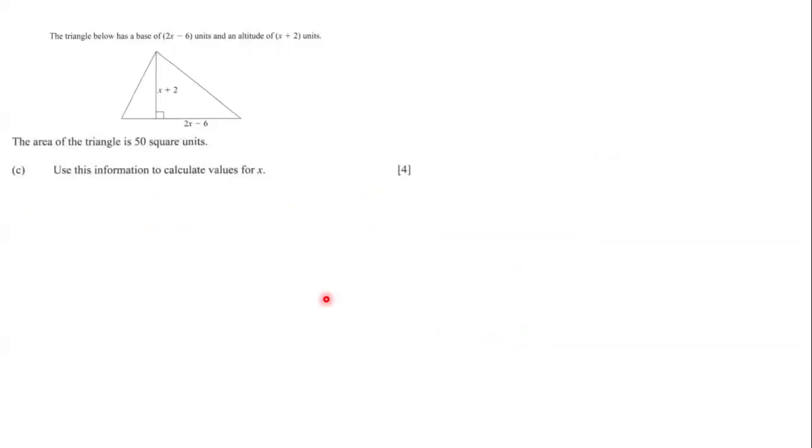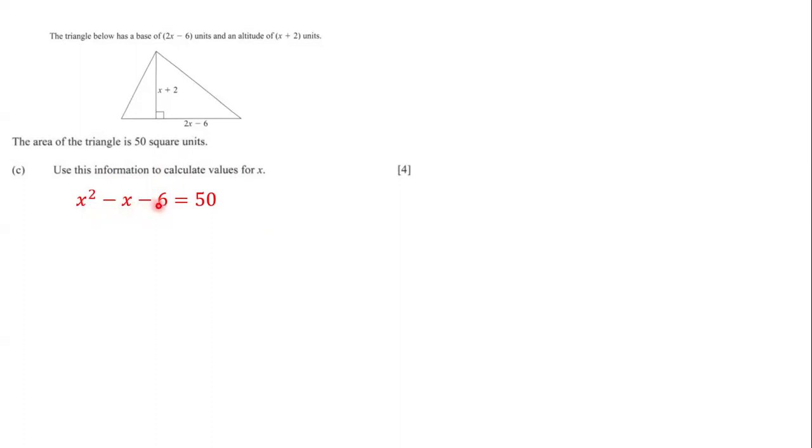Okay, next. It says the area of the triangle is 50 square units. Use this information to calculate values for x. And so what do we know? We know that the area of this triangle can be expressed using the expression x squared minus x minus 6.